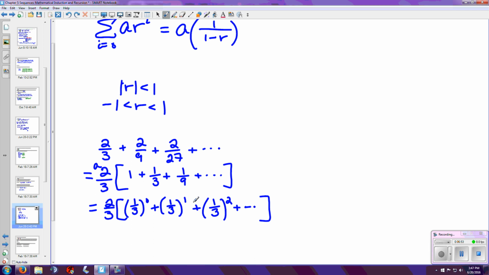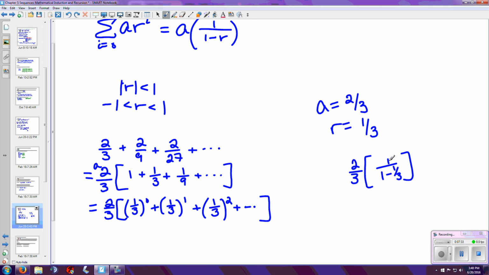You'll notice here that any value from here on out can be written as 1/3 to a power. Once you have that exact value in every set of parentheses, that is your common ratio. So what we've found here is an infinite geometric series with a, our constant term, equal to 2/3, and r equal to 1/3. By plugging into our formula, this is equal to 2/3 times 1 over 1 minus 1/3. 1 minus 1/3 is 2/3.